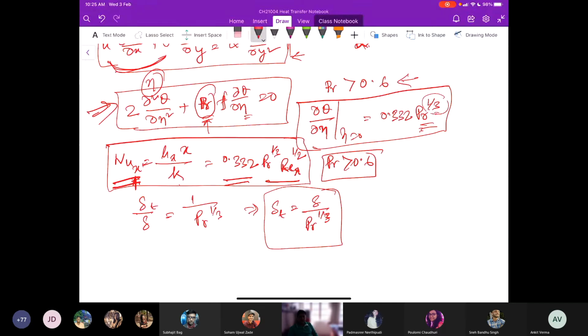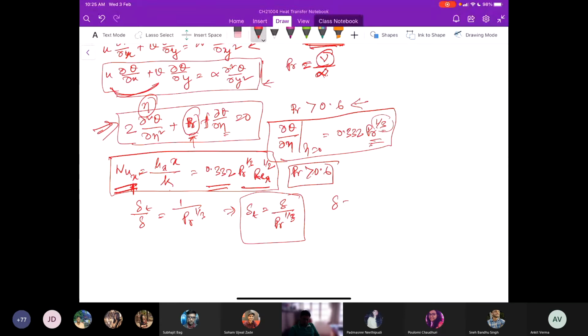This relation is valid only for laminar flow over an isothermal flat plate.